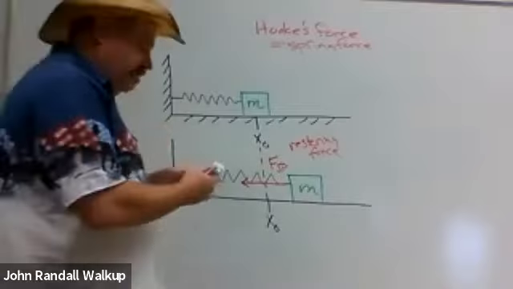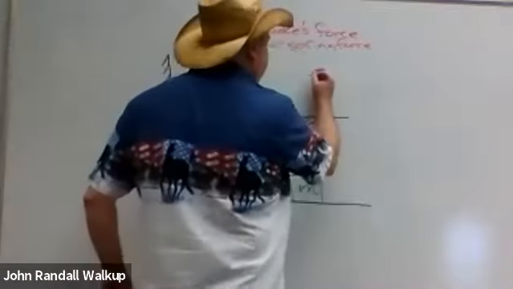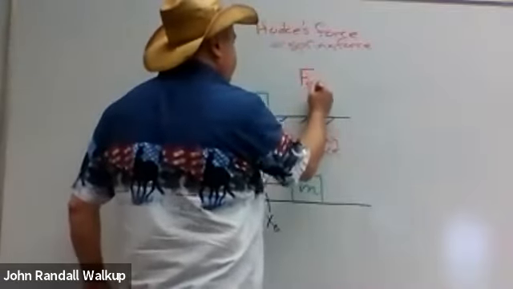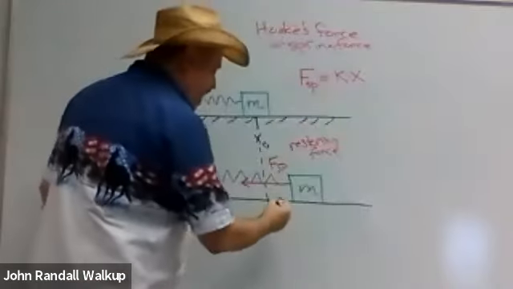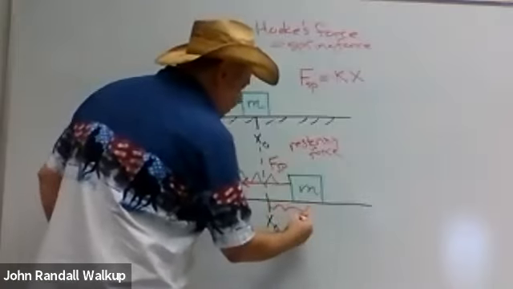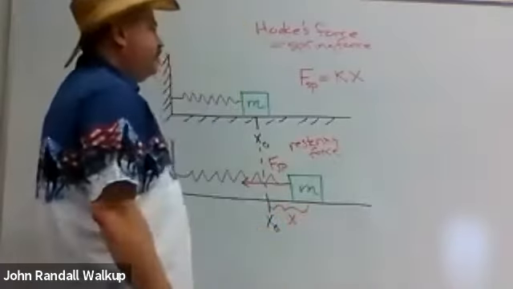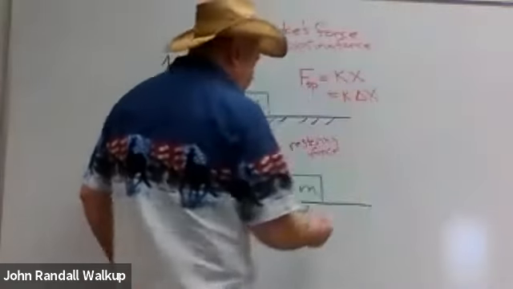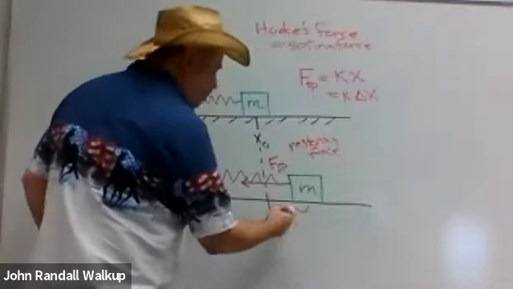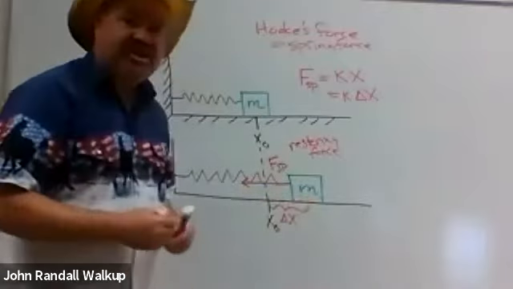Now, how big is it? Well, it turns out that the amount of the spring force is given as Kx, where x is this distance of stretch. This is also written as K delta x, where we simply denote delta x as the stretch distance, a change in x.